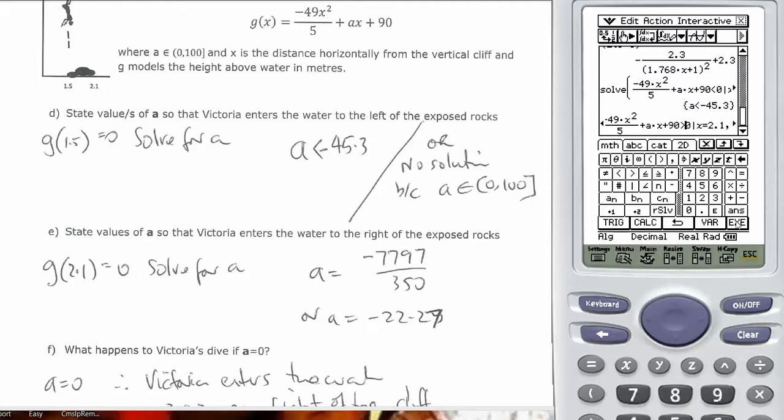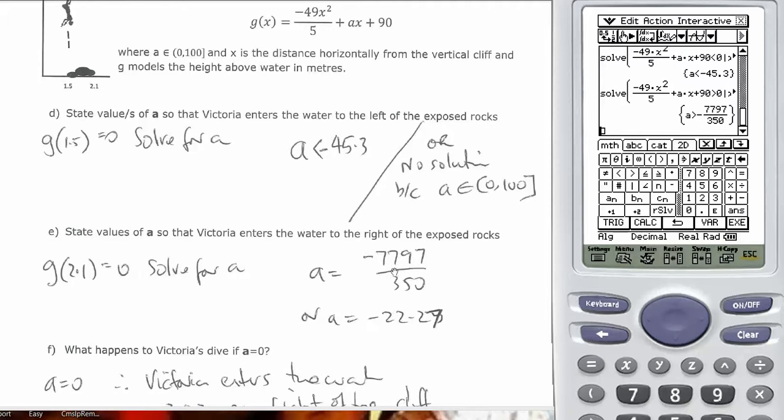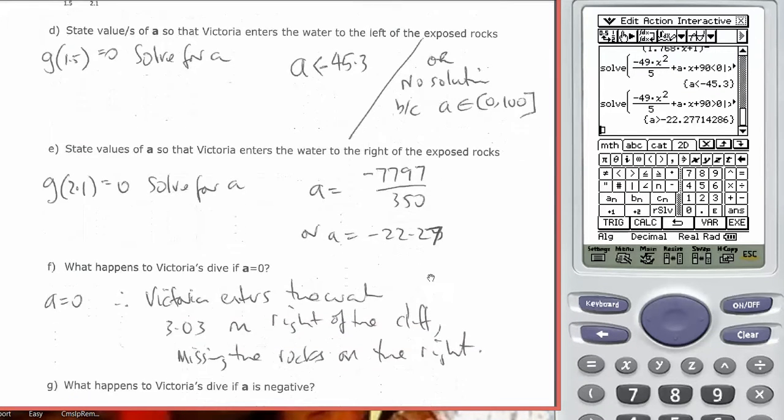And when I press execute, that tells me that a has to be greater than negative 22.277, and if I wanted that in exact numbers, that's the two numbers that I would accept. So enters to the right, then it has to be a greater than negative 22.27.